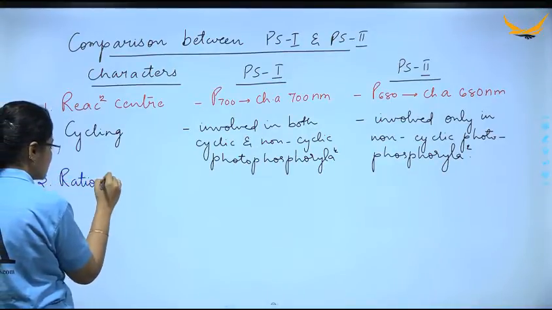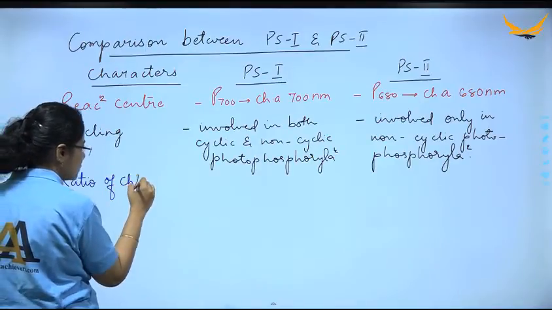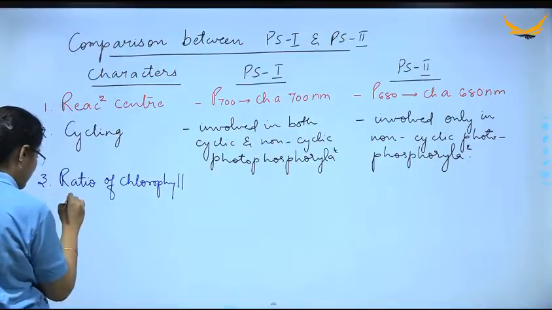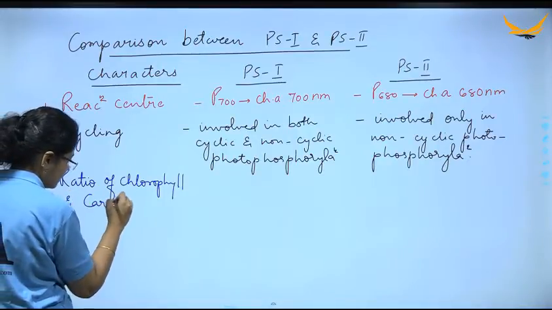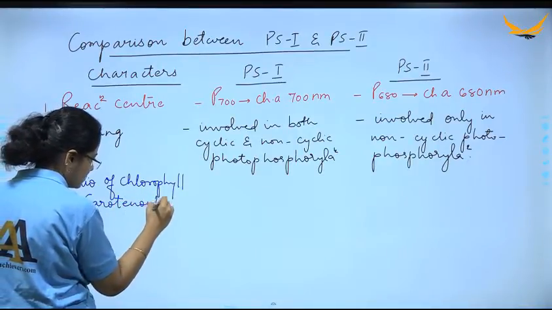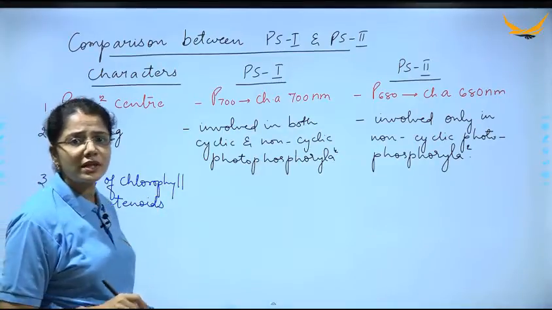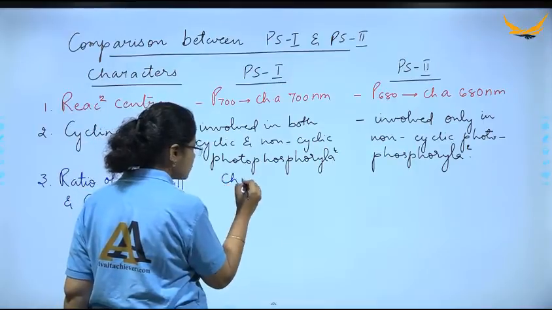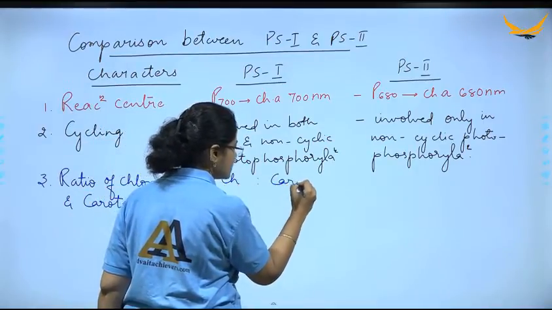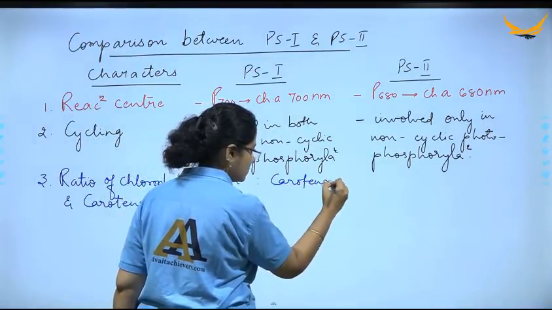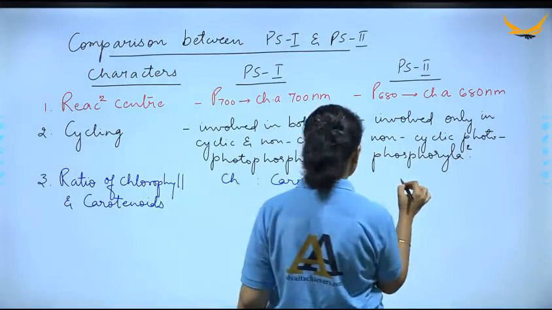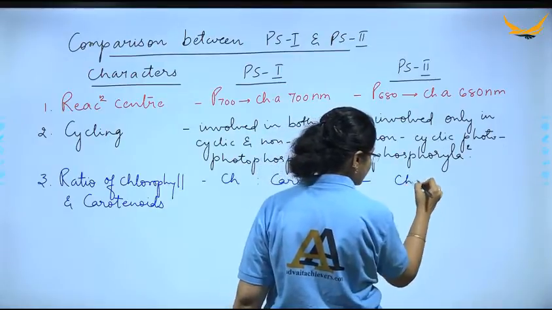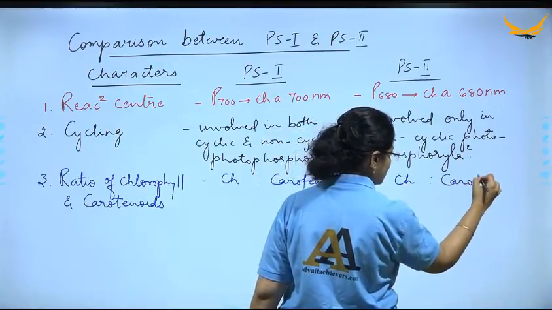Now let us take the third character, of comparing the ratio of chlorophyll and carotenoids molecule. So in case of PS1, that ratio, chlorophyll is to carotenoids. Same way we will be showing here also, chlorophyll is to carotenoids.